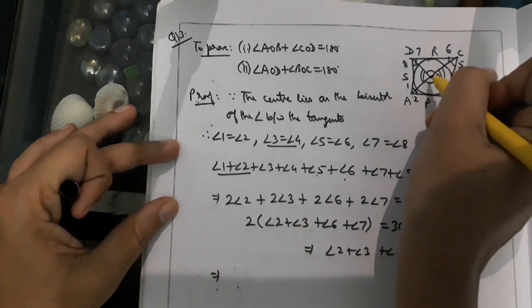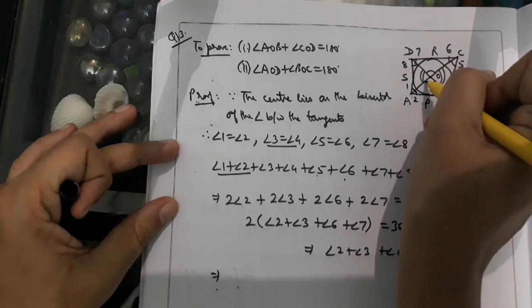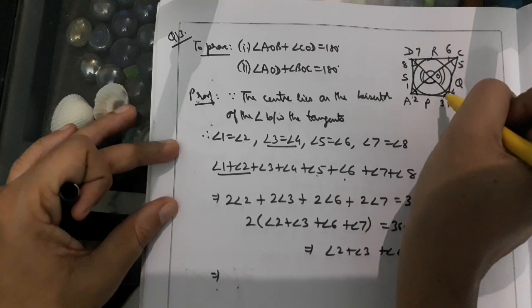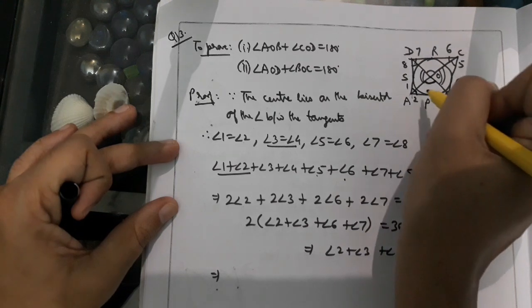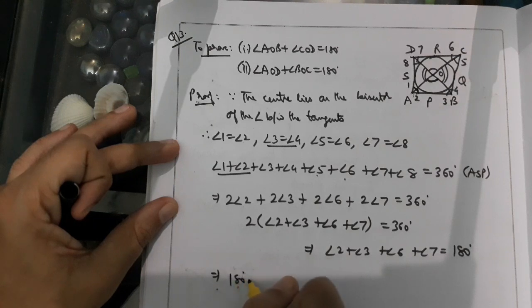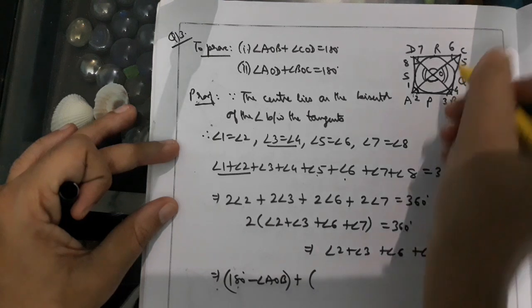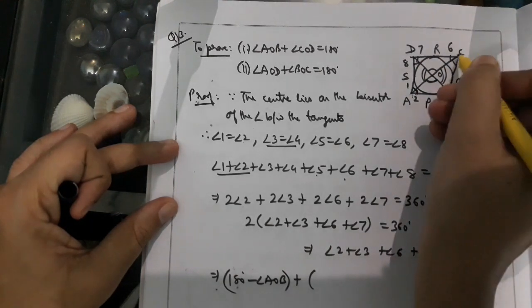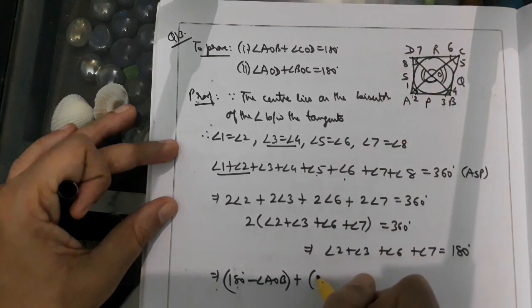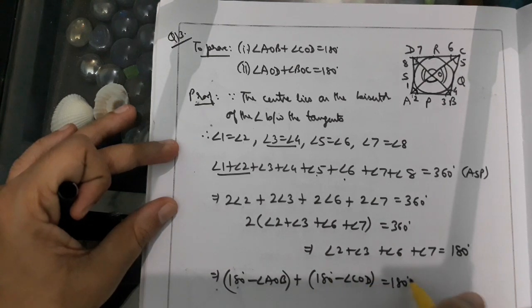Now if we look at triangle AOB, angle AOB plus angle 2 plus angle 3 is 180 degrees by the angle sum property. So angle 2 plus angle 3 can be written as 180 minus angle AOB. And similarly in this triangle, angle 6 plus angle 7 plus angle COD is 180 degrees. So angle 6 plus angle 7 can be written as 180 minus angle COD.